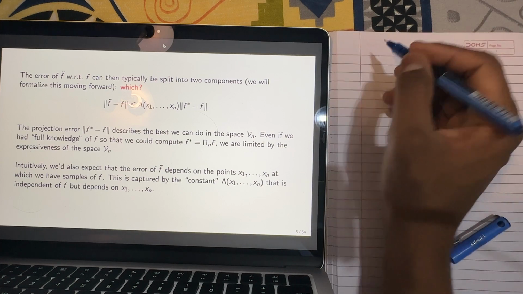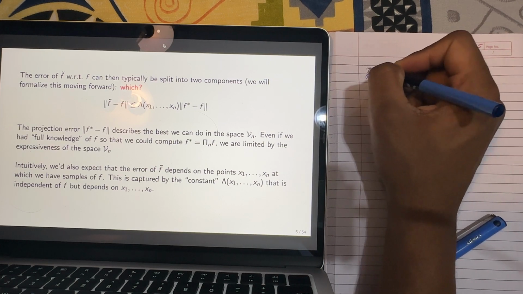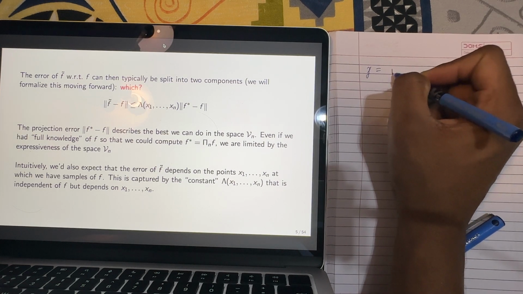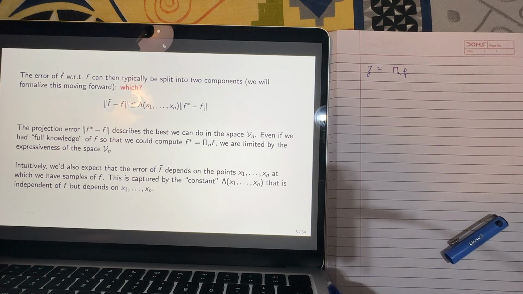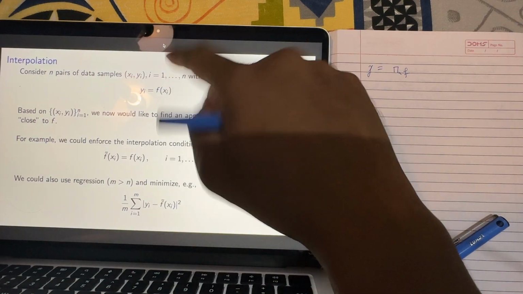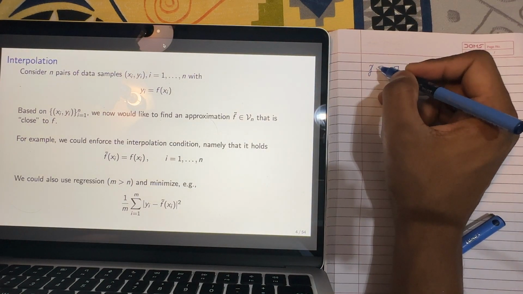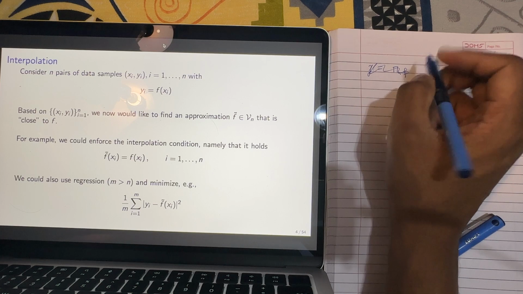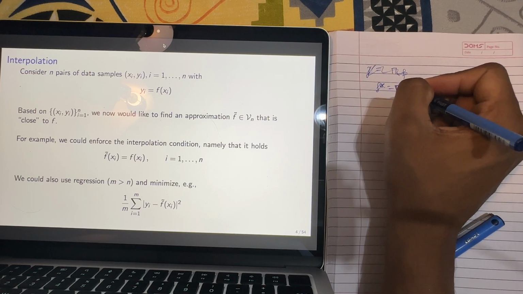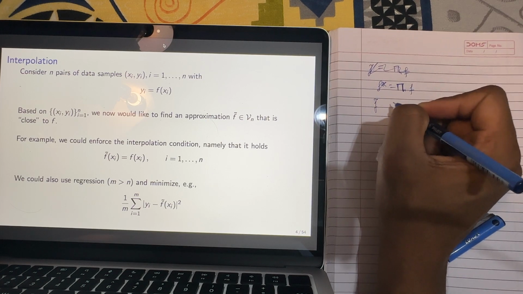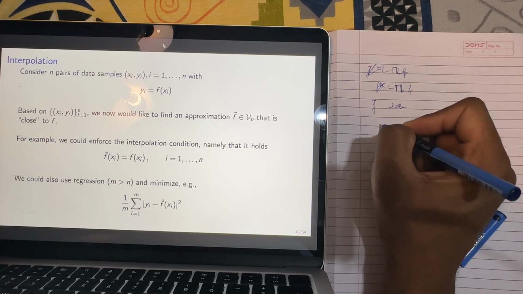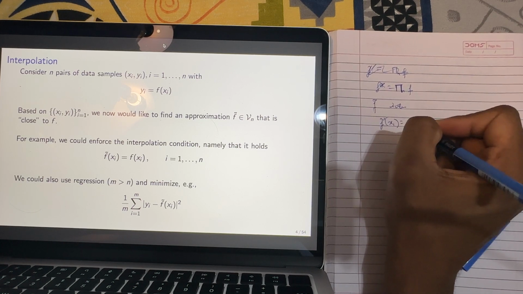Okay, f star is the projection of the function on the space, and f tilde is the interpolation such that f tilde of xi is equal to f of xi.